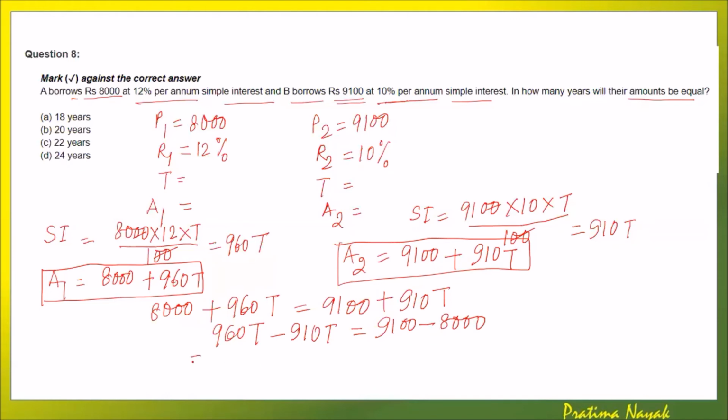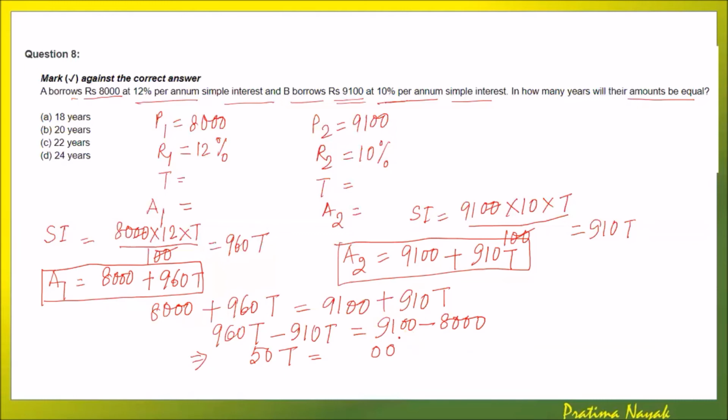So I'm getting 50 times T is equal to 9100 minus 8000.